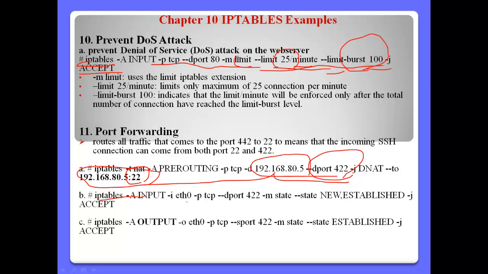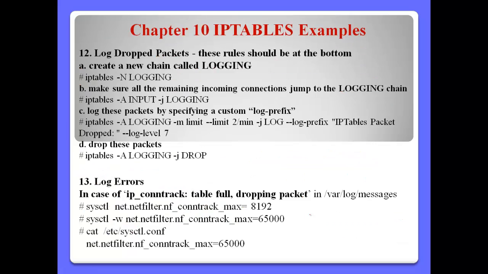And after that, in the input chain, we have to permit this state: new, established, and accept. Output also must be permitted using the state established. In this case, we can support port forwarding using Iptables.